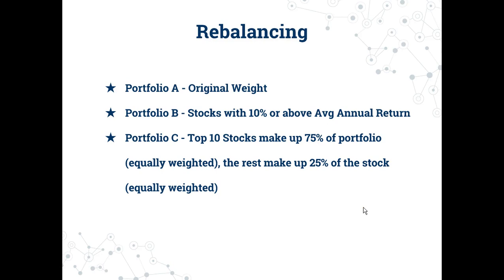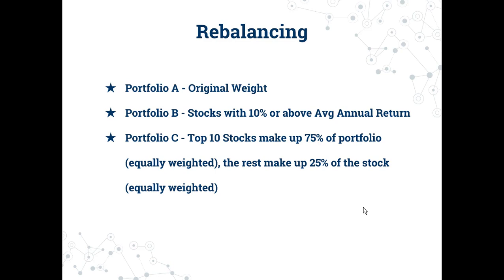Here's a list of several portfolios. Portfolio A being the originally weighted portfolio compared to other portfolios that are reweighted and rebalanced to see how these portfolios fare against one another.